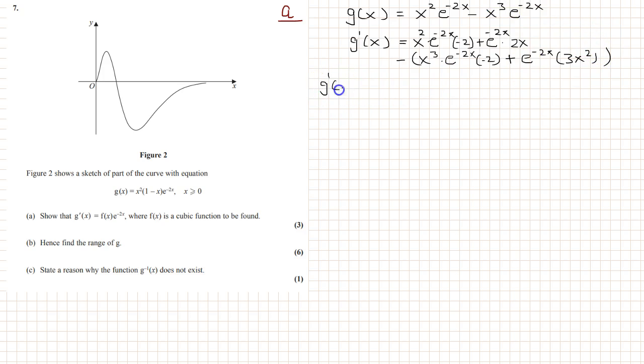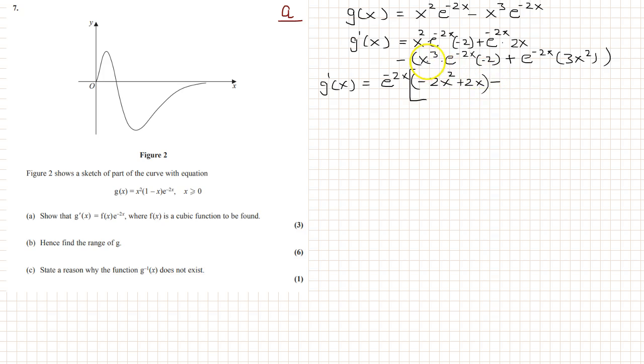So g dash x is equal to, let's simplify this, e to the power minus 2x is common. So this is minus 2x squared plus 2x. Same, we can take this common from the second one.